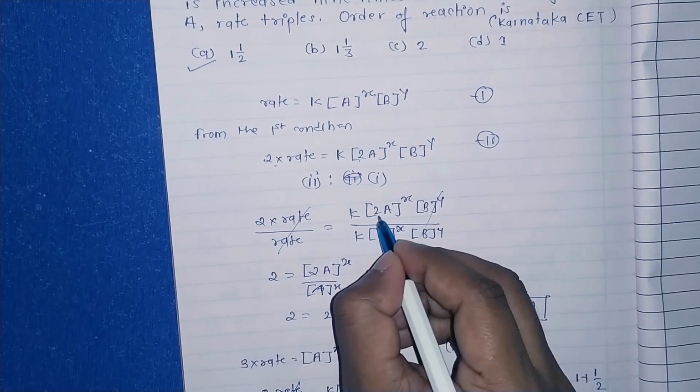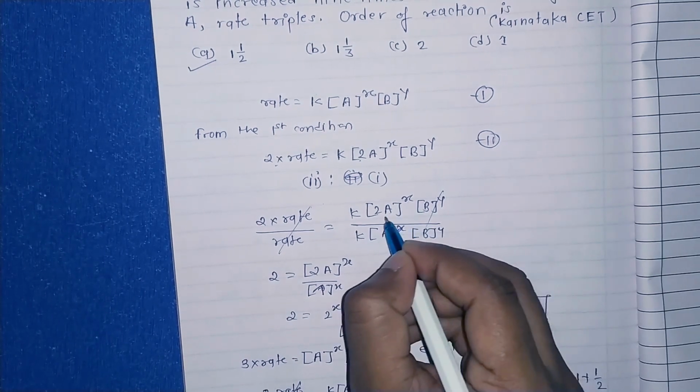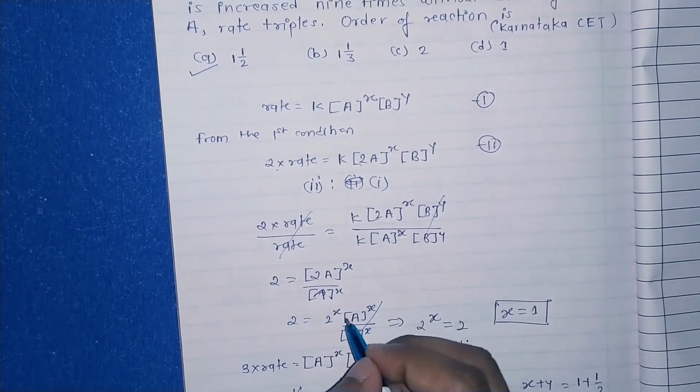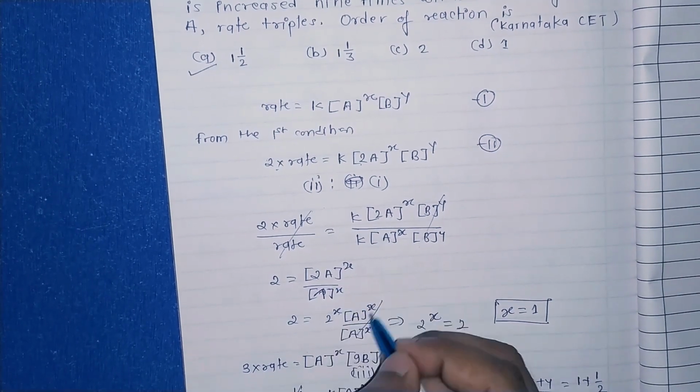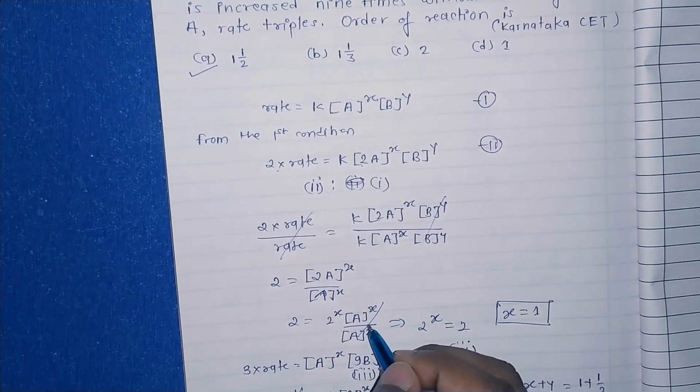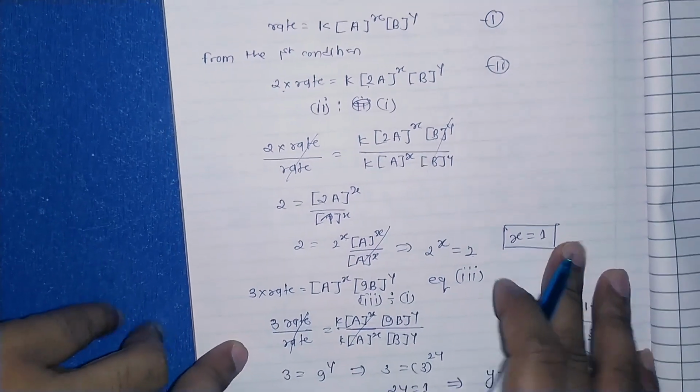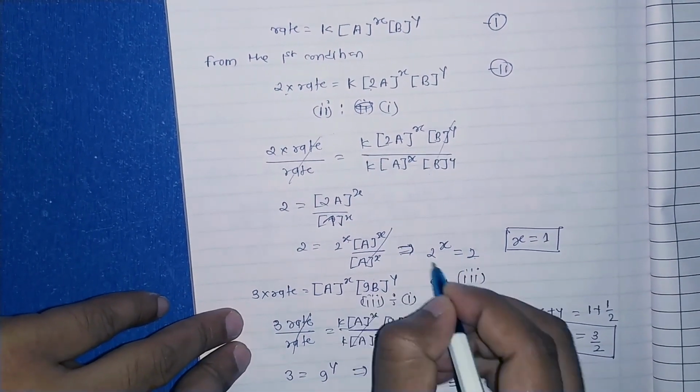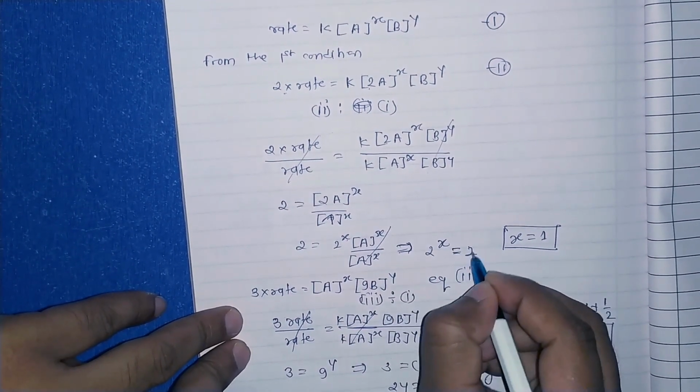So you can write (2A) to the power X over A to the power X, and A also cancels. What remains is 2 to the power X equals 2.